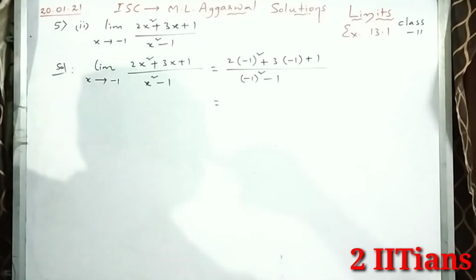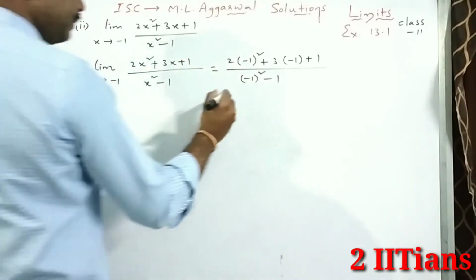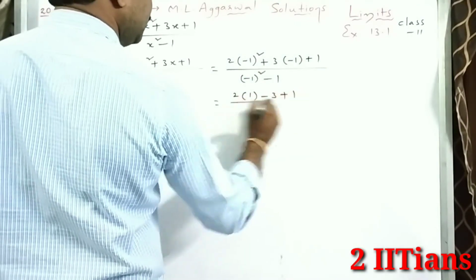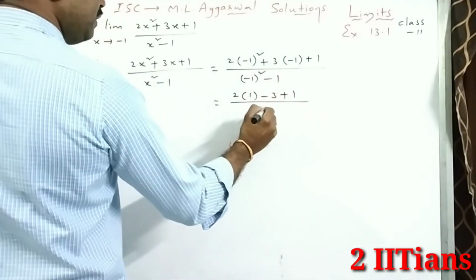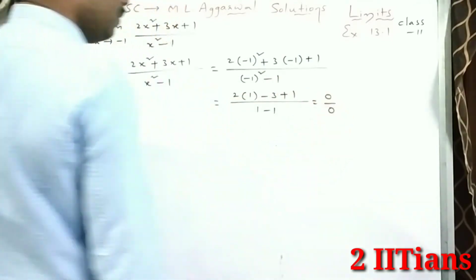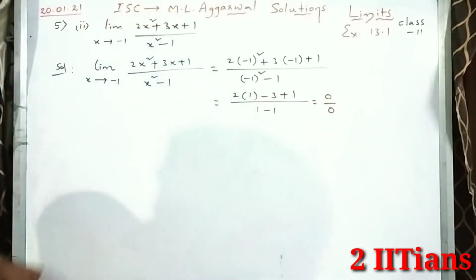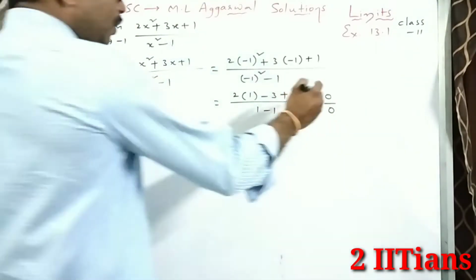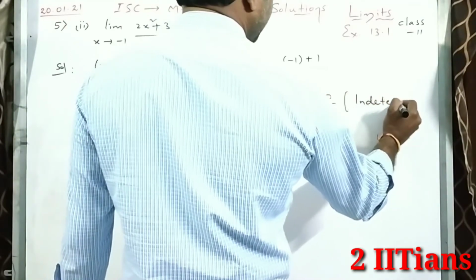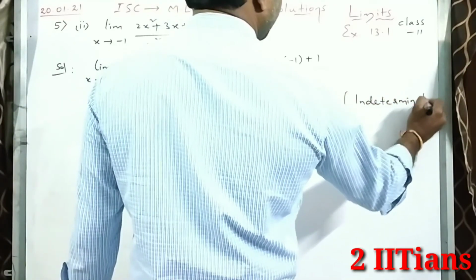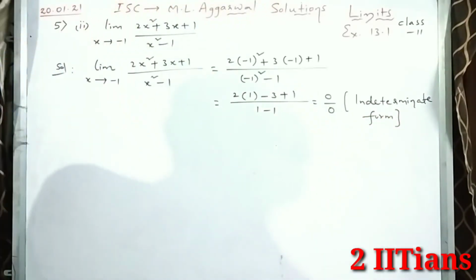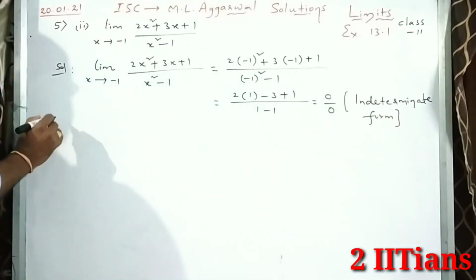So 2 into 1 minus 3 plus 1, upon 1 minus 1. So 3 minus 3, 0 upon 0. As I told you earlier, what do you call this form? Indeterminate form. So we have to go for a further procedure.